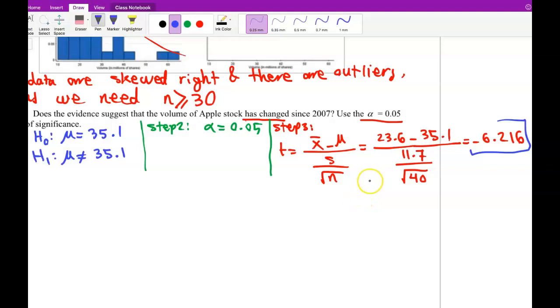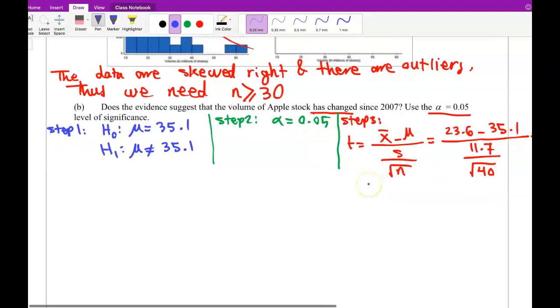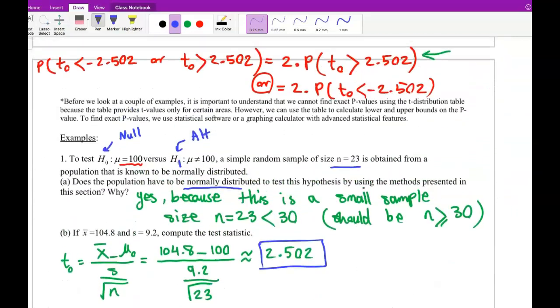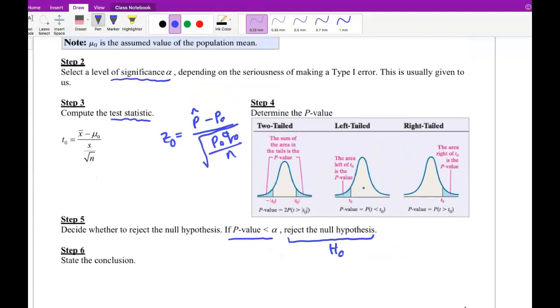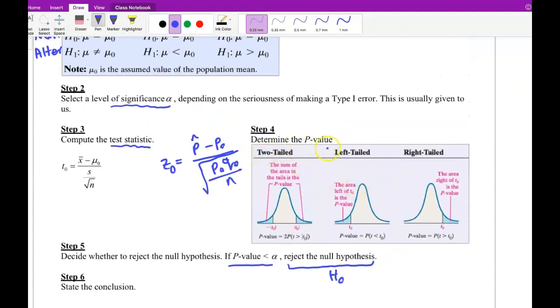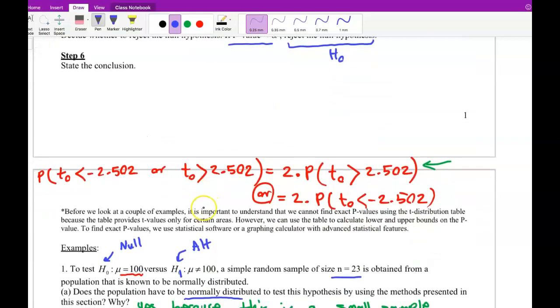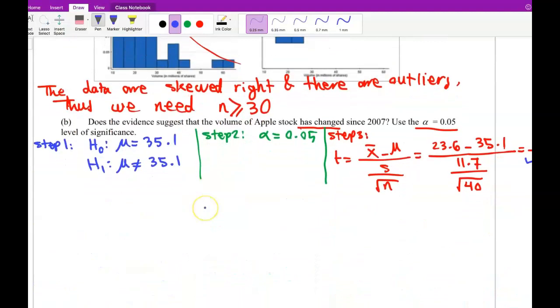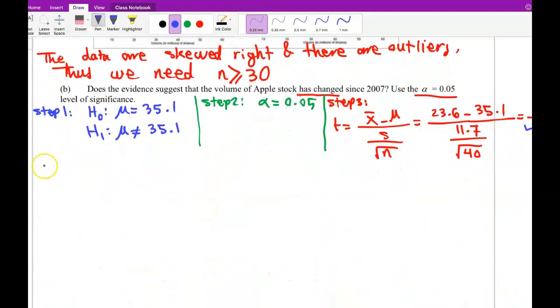Okay, then step 4, drawing this. I'm following all these steps. So step 4, here we have again exactly the previous part. We should draw this to find the p-value. And then step 5, comparing it with alpha.